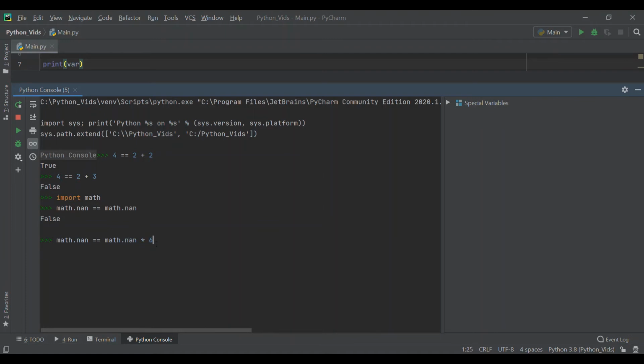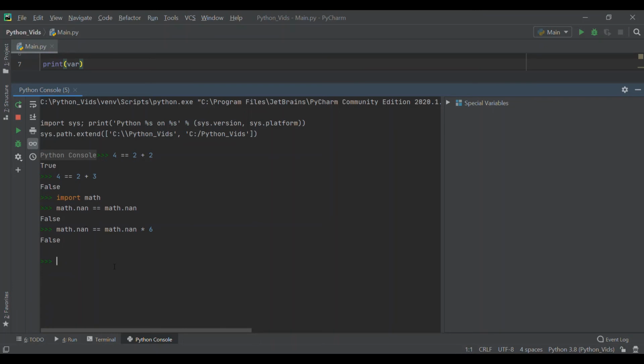That would be a reasonable way to look at this expression. But it presents you with false when we just saw a few minutes ago that when you do an operation with not a number, it is not a number. So it should be returning not a number. So what's going on here? Well, it's just saying this value does not equal this value times 6. It's just not on the same side.